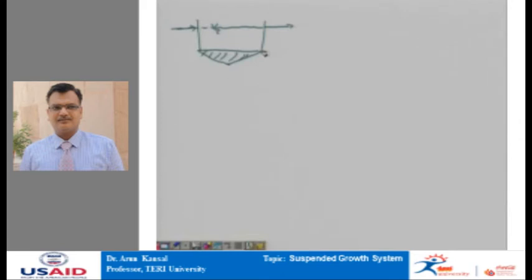So, we use an index to ascertain the quality of the sludge, and this index is known as sludge volume index, commonly abbreviated as SVI. SVI means sludge volume index.